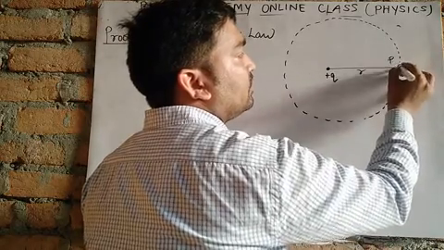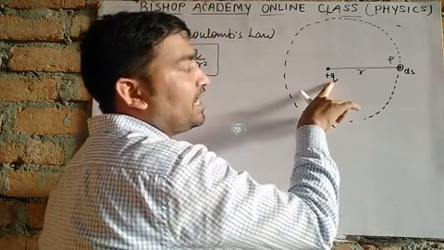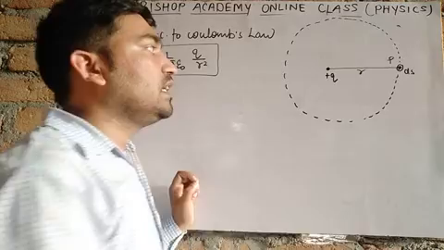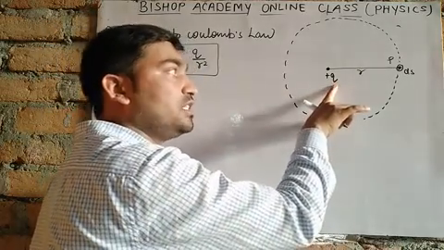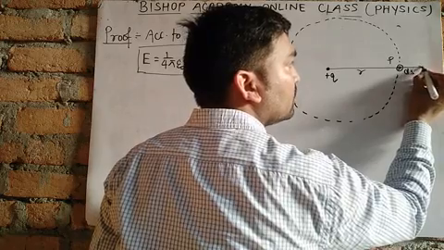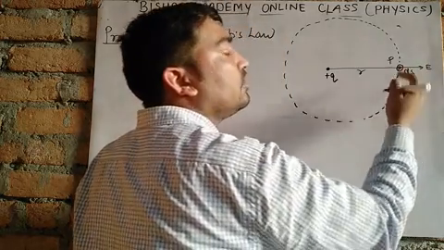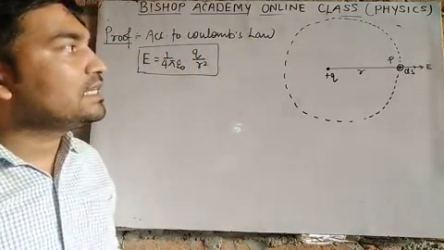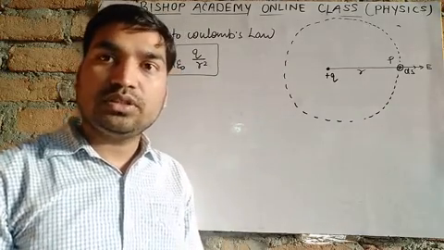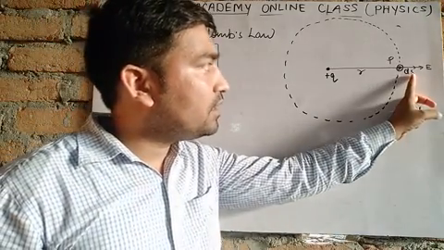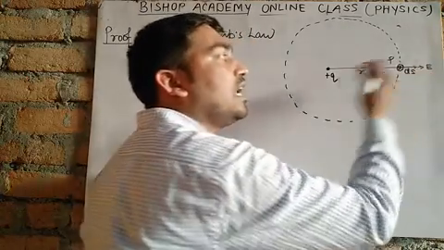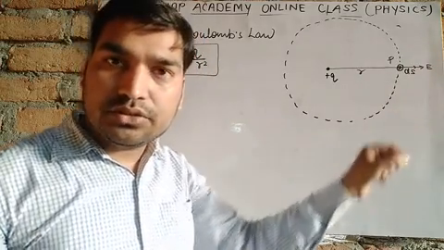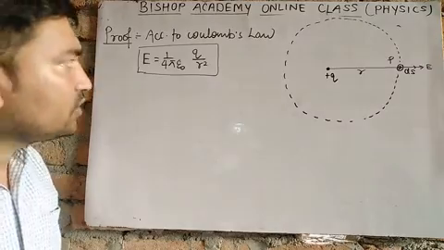First of all, we indicate the direction of the electric field due to this positive charge Q. We know that the electric field due to a positive charge is outward. The direction of the area vector is also outward, because the direction of the area vector is always normally outward to the surface. Hence the angle between E and ds is 0, because both are in the same direction.